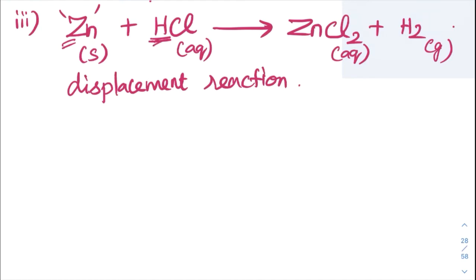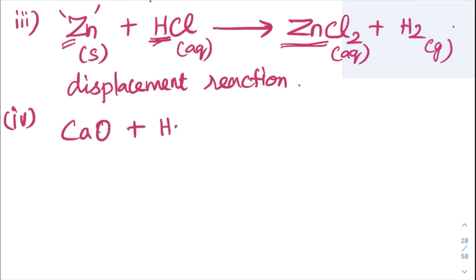So here one is a metal, another one is a non-metal. Okay, dear? Yes. So zinc is a highly reactive element which displaces the hydrogen, which is comparatively a less reactive element. So displacement happens, as a result we get zinc chloride. Clear?